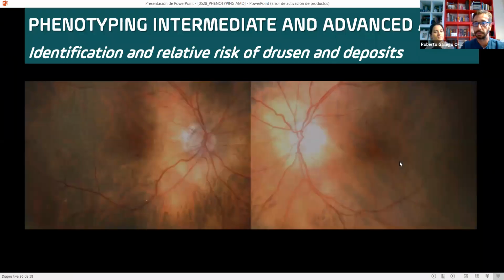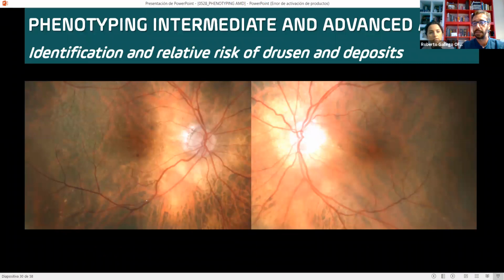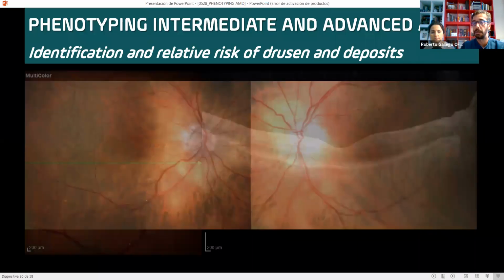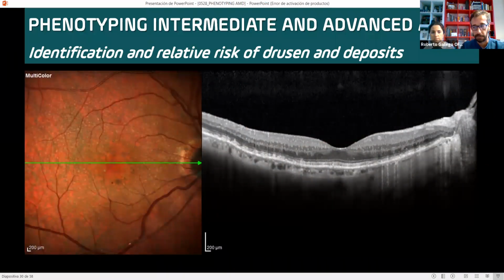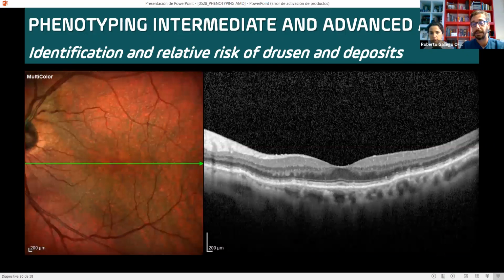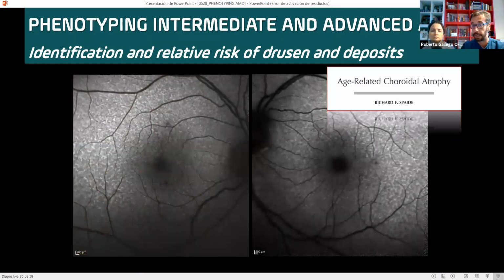Next item, we see this tessellation in a patient who is not myopic. This is typical for age-related choroidal atrophy. We should not forget about this either. In both eyes, the atrophy of the choroid leads to visual impairment just because of the thinning, and there is also a typical phenotype of age-related choroidal atrophy: subretinal drusenoid deposits, and the development of type 3 lesions and atrophy.